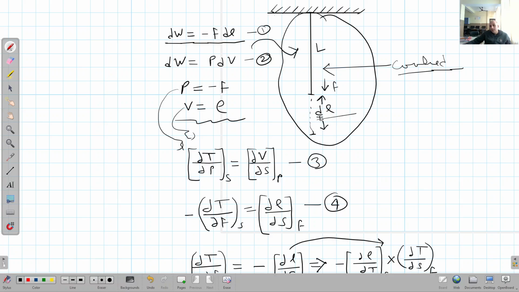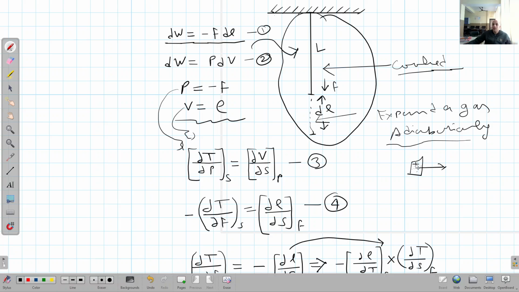The same thing is there when you expand a gas adiabatically. I have taught you in the class also that if you have a gas contained in a container and you expand that gas adiabatically, cooling will be produced in the gas.